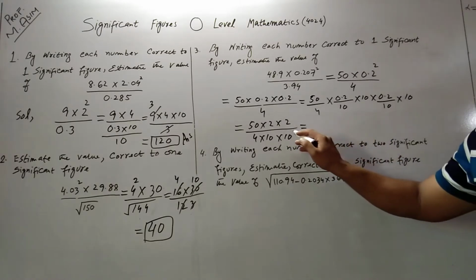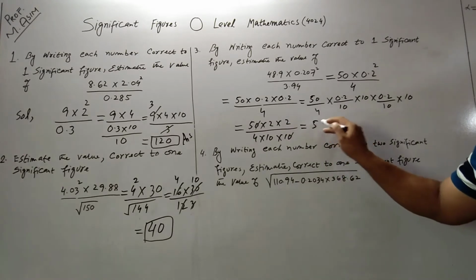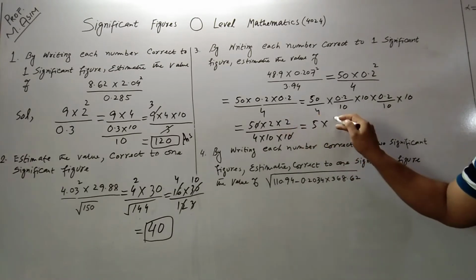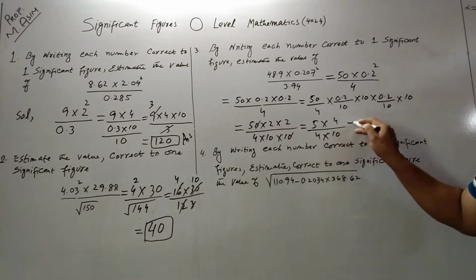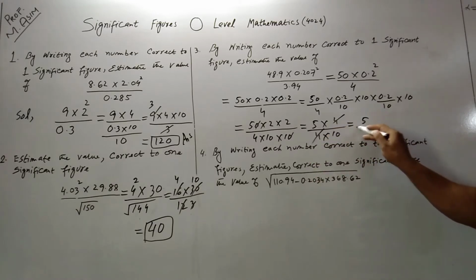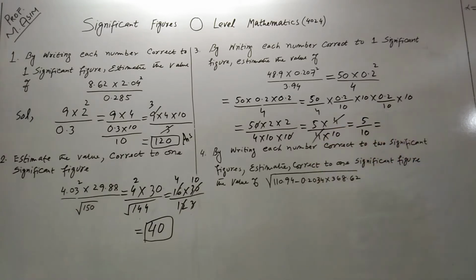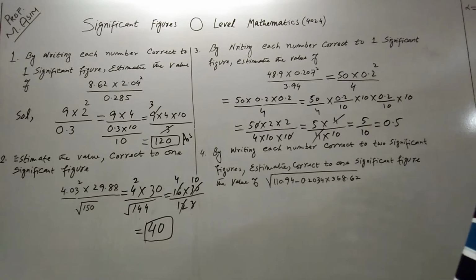Now this 0 cancels by this 0. 5 into 2 to the 4 upon 4 into 10, which is remaining only. So 4 cancels by 4. 5 upon 10. 5 upon 10 is 0.5. But I must check the answer. Yes, the answer is 0.5.